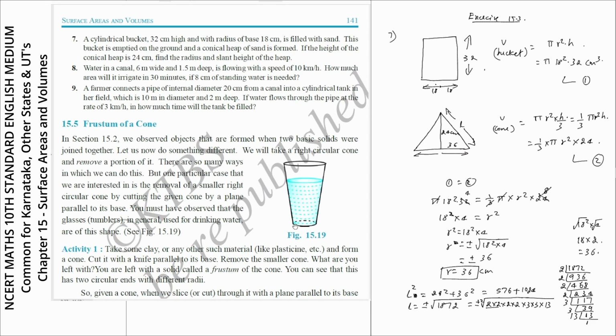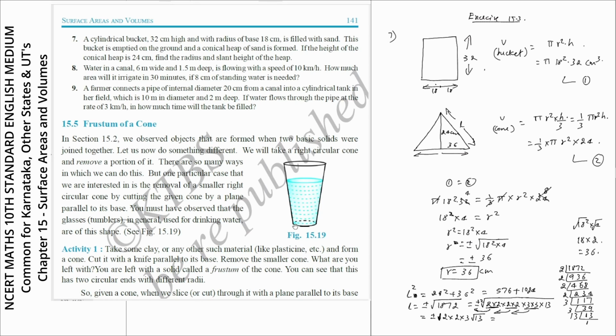So I can group two numbers like this and bring it outside. I can bring this 2 outside. Similarly, I can bring this also outside, and this also. So this is equal to plus or minus 2 into 3 into root 13. I'll keep it as it is.